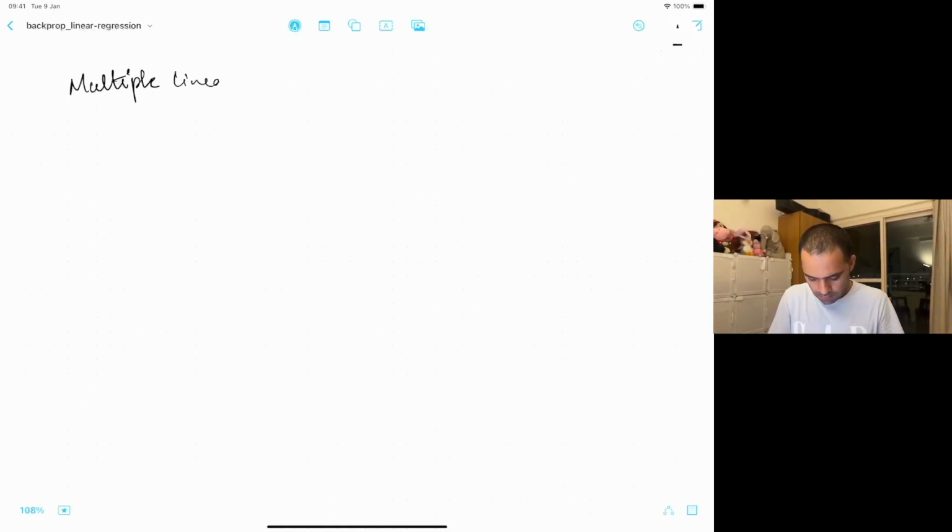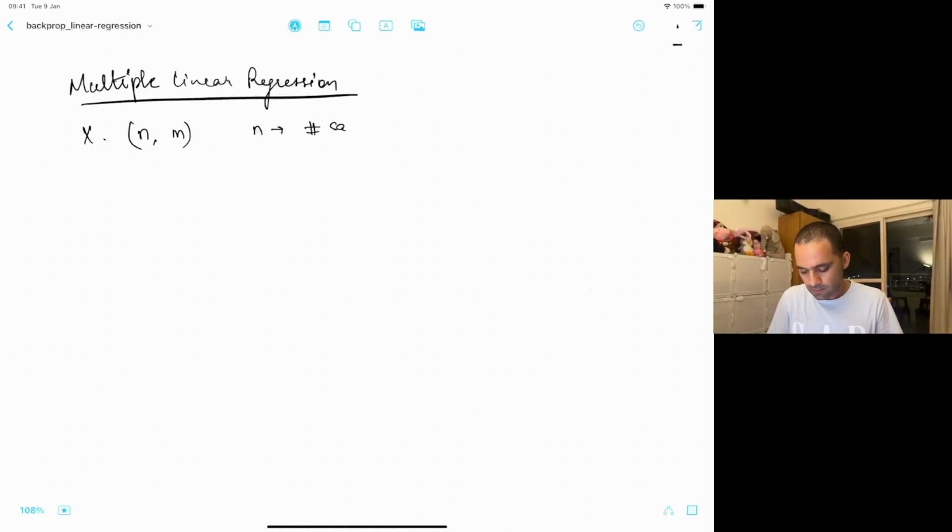multiple linear regression, wherein the shape of x is n by m, where n is the number of samples and m is the number of features, and y is n by 1.